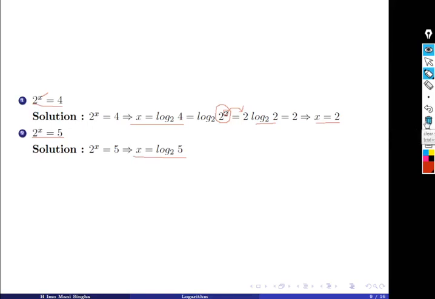So from here it is clear that logarithm is used to find the power of an exponential. This is one basic function tool, you can say, which is very important, where logarithm is used basically.